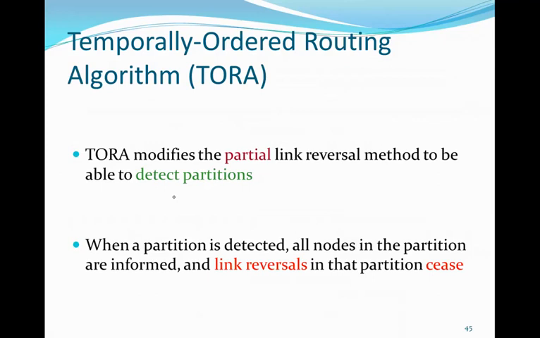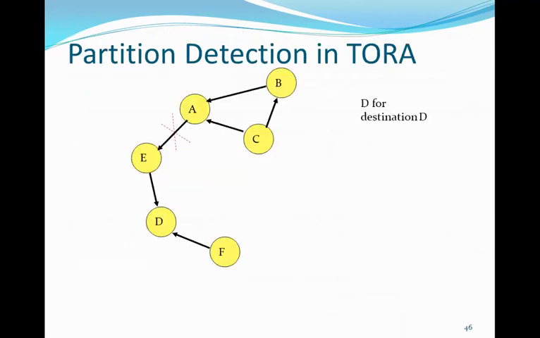The TORA protocol modifies the partial link reversal method to be able to detect partition. When a partition is detected, all nodes in the partition are informed and the link reversal in that partition is ceased. In this topology, you can see we have 6 nodes A, B, C, D, E, and F, where D is the destination.